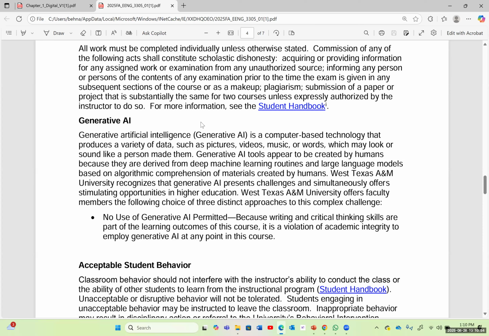Try to solve problems yourself, and it's through challenging yourself and getting frustrated by some examples that you can actually learn these materials. So again, no use of generative AI. It's strictly prohibited for solving quiz, homework, exams, anything.